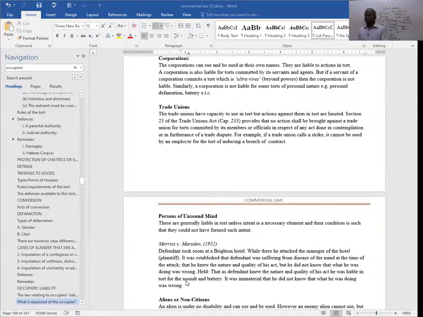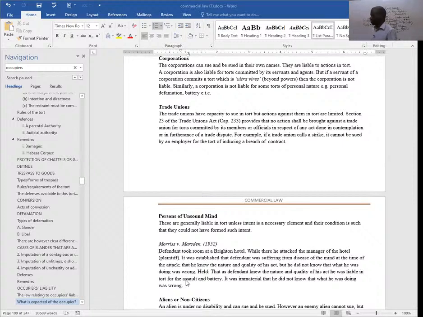There's a case law there, Morris versus Marsden of 1952. A defendant took a room at a Brighton hotel. While there, he attacked the manager of the hotel, that is the plaintiff. It was established that the defendant was suffering from a disease of the mind at the time of the attack, that he knew the nature and quality of his act, but he did not know that what he was doing was wrong.